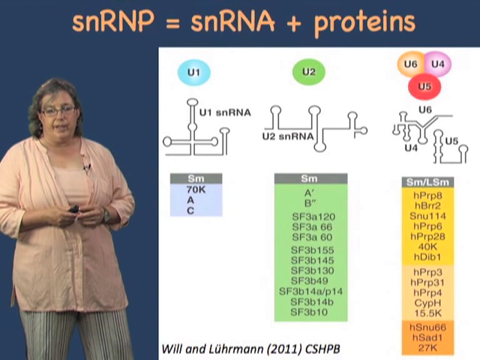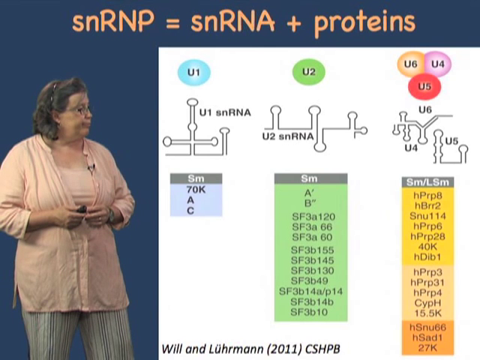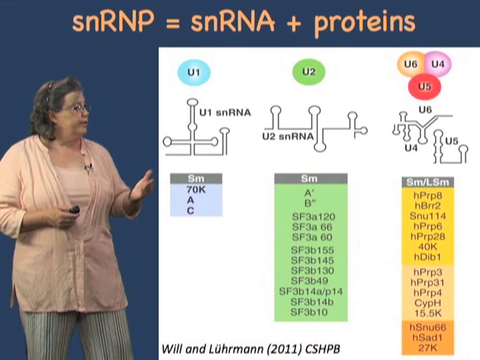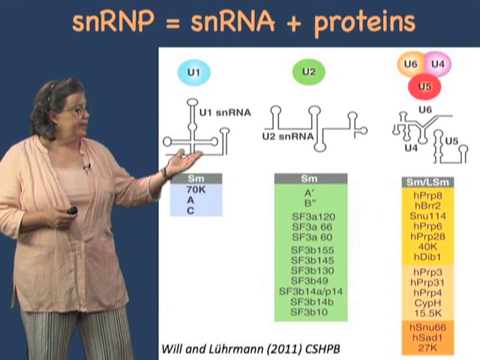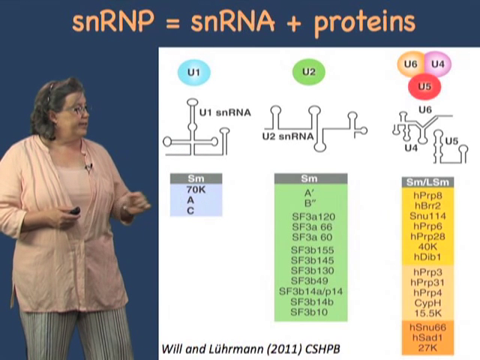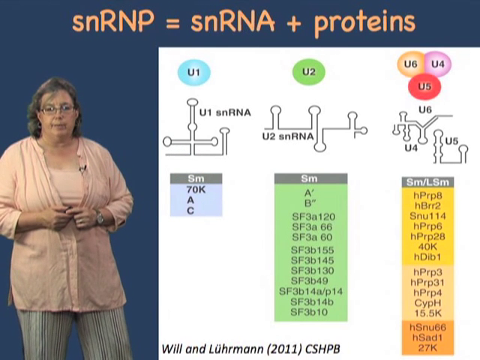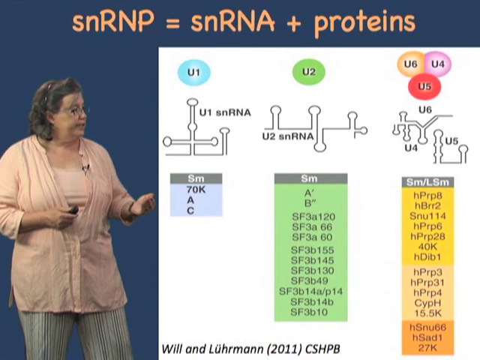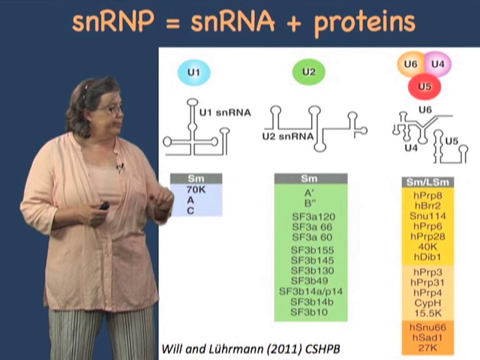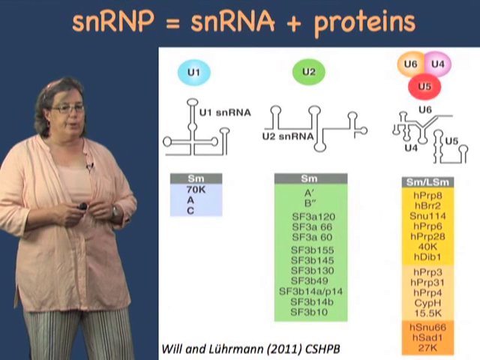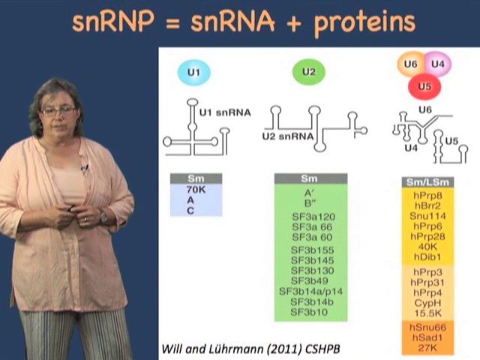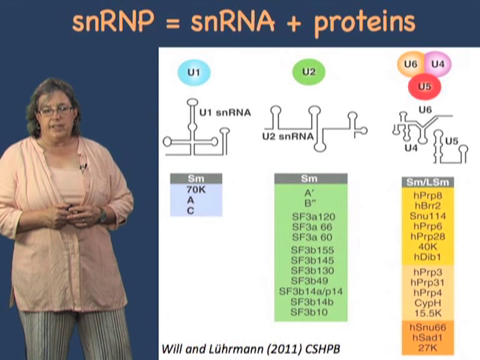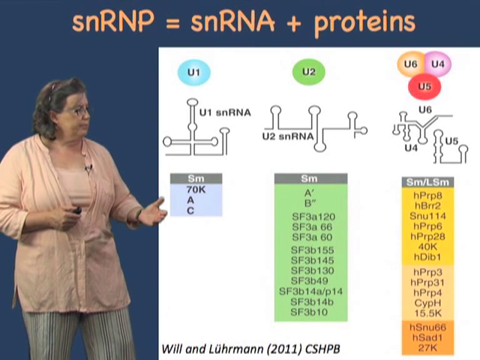It's a stable RNA, complexed with a set of proteins. So for example, U1 SNRP has U1 snRNA in it, a set of core proteins called the Sm proteins, 7 proteins that make a ring-like structure and are common to a lot of the SNRPs, and then some specific proteins that are particular to U1 SNRP. In U1's case, 70K, A, and C.